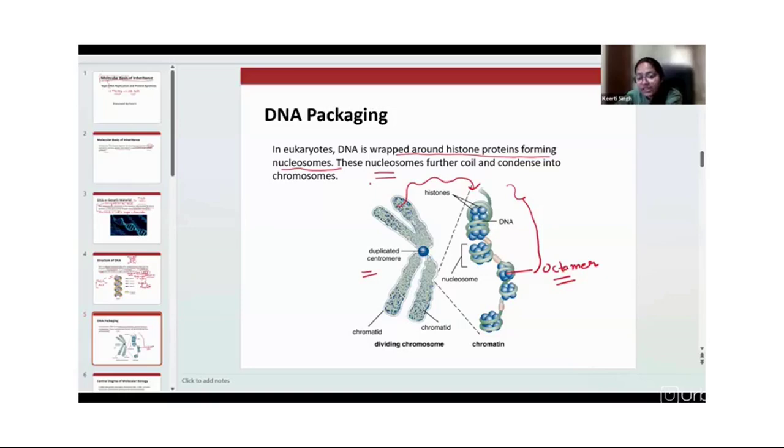So, if this strand of chromosome, we are going to extend it, it will look like this. Okay. And if this DNA is also uncoiled in the next step, it will look like this. It's double-stranded DNA with complementary base pairing, right? So this is a typical diagram showing the presence of histones, the DNA, and how this DNA coils and ultimately forms a chromosome, right?